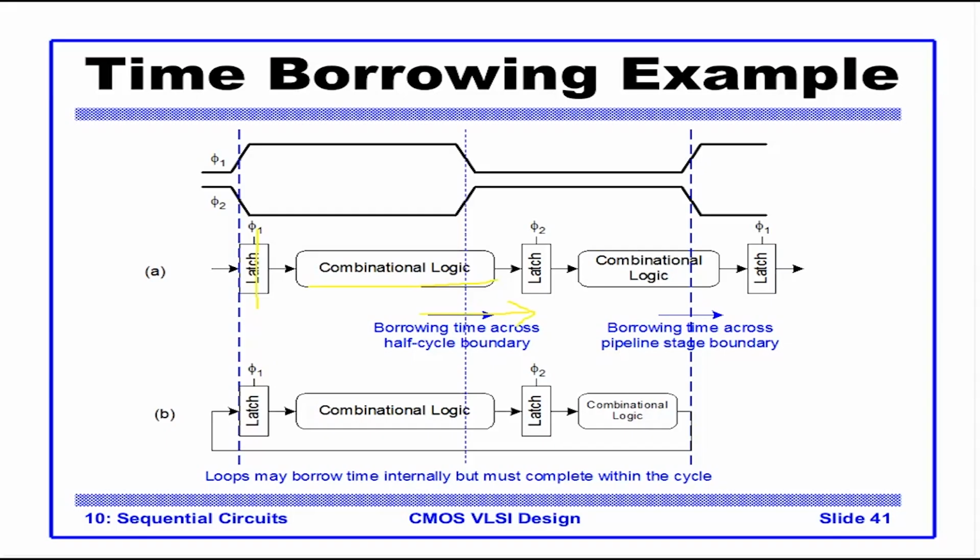Why? Because let's say this part is a slow circuit, so it takes a lot of time, and the data becomes stable somewhere here. But now the latch is transparent, so the data does not stop here.